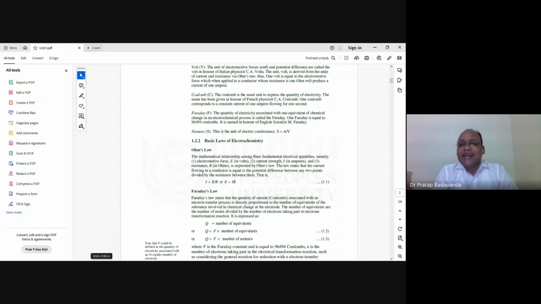The law states that the current flowing in a conductor, conductor means flow of current, I told you, and resistance means blockage of current, right? Simple things: flow of current, blockage of current. So the current flowing in a conductor is equal to the potential difference. I told you potential difference at the very beginning, because it helps to carry the current if the potential strength is more.